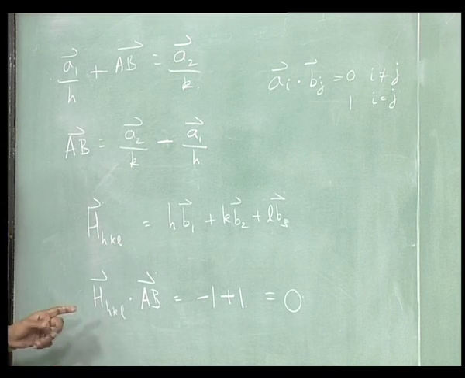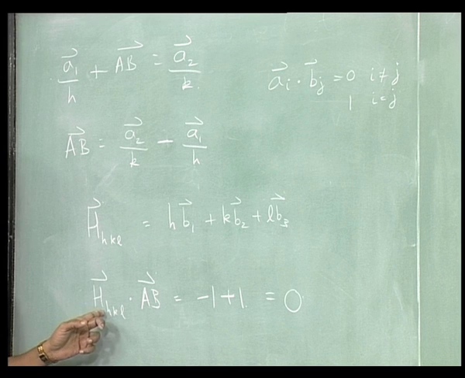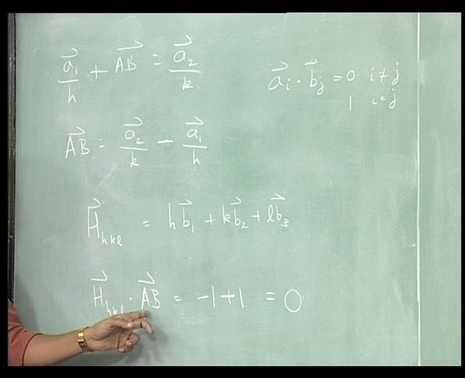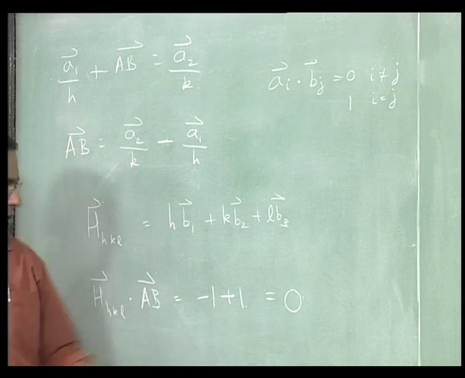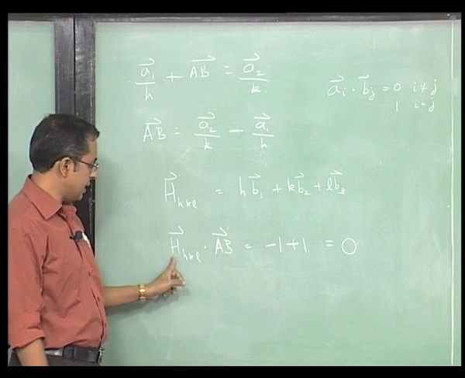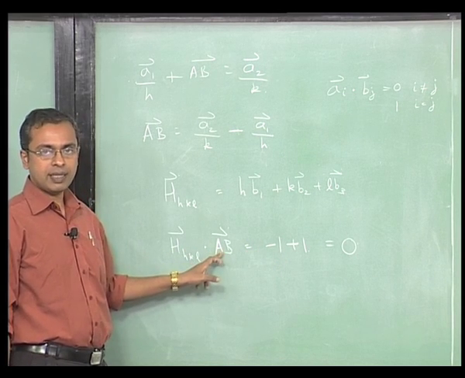So we have a situation where a vector in reciprocal space, HHKL, dot a vector in real space is equal to 0. In other words, we have a dot product between two vectors which is 0, which simply implies that HHKL is perpendicular to this vector AB.